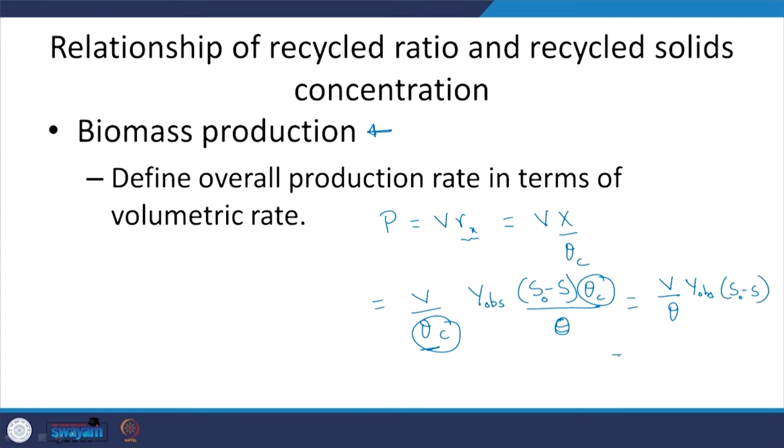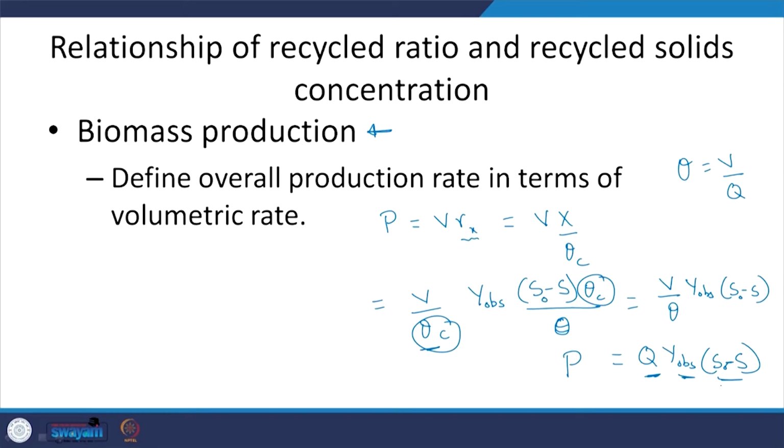Let me see if we can simplify this further. Theta is equal to V by Q, so V by theta will be equal to Q into Y observed into S naught minus S. That gives me an idea about the overall production rate in terms of volumetric rate. If you look at this, this much substrate is being consumed and this is the observed yield.